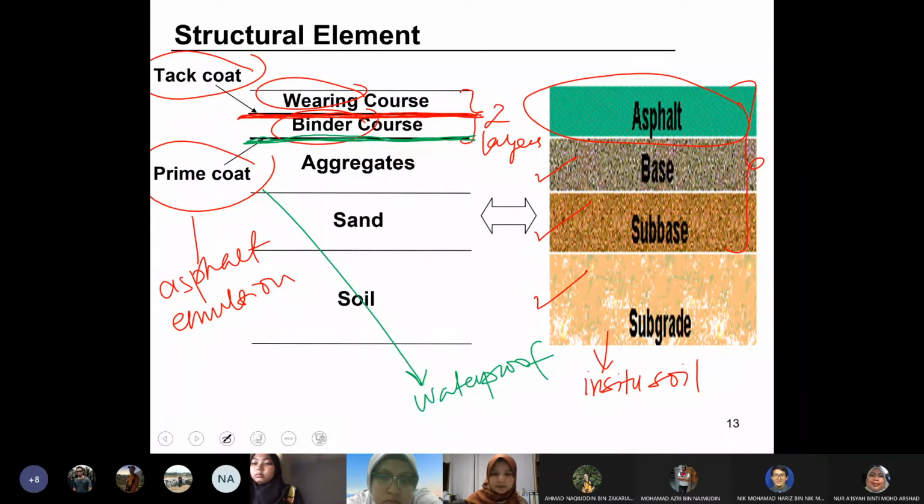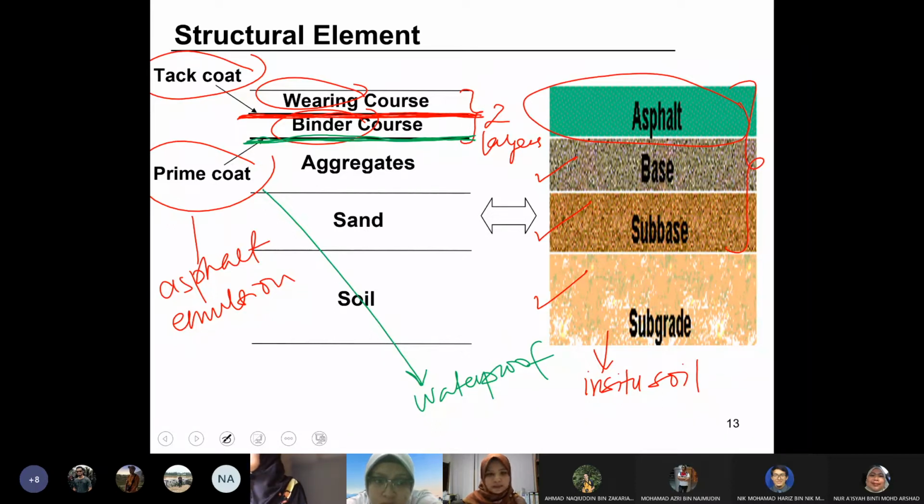Okay. Jadi cakap pasal hujan, dalam highway engineering, masalah paling utama pada highway engineering adalah hujan. Sebab apa kita tahu? Air ni adalah the main factor or the most powerful agent to disrupt our road.